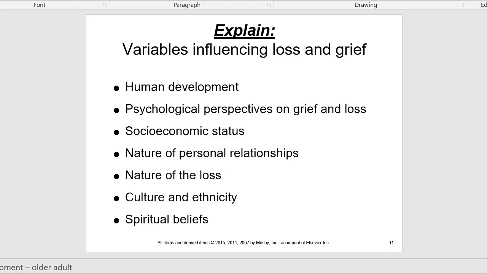The next one is the nature of the loss. Was it expected or unexpected? In addition to social stigma, as I mentioned earlier, alcoholism, drug abuse, things like that might cause people to grieve a little bit differently. Here comes culture again.